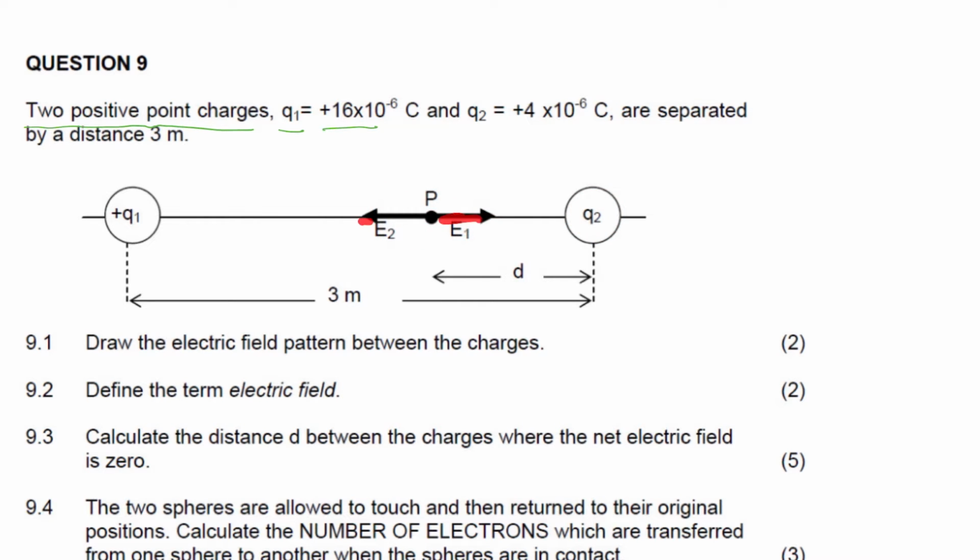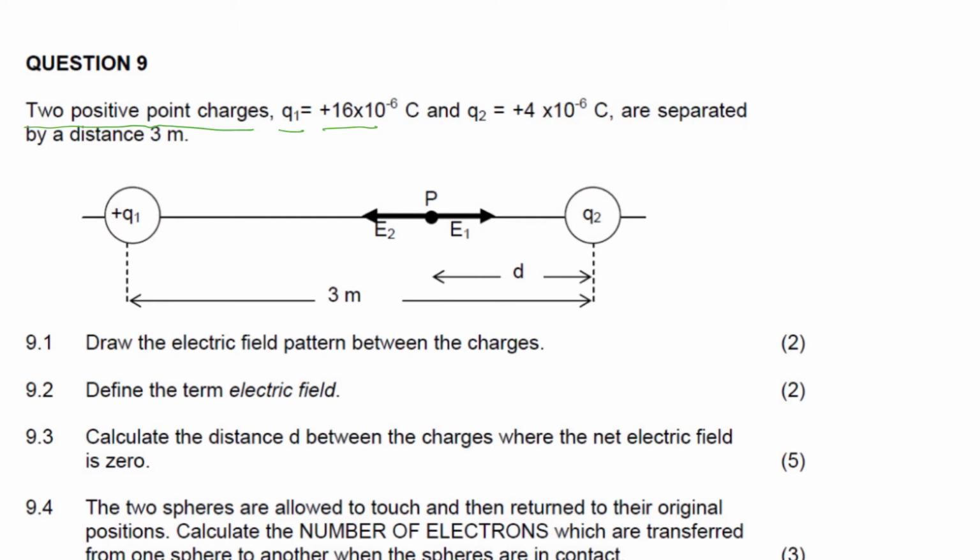If you can see here, there are arrows. The electric field of Q1 on P is going to the right. The electric field of Q2 on P is going to the left. So these are the directions of the electric fields from Q2 and Q1.